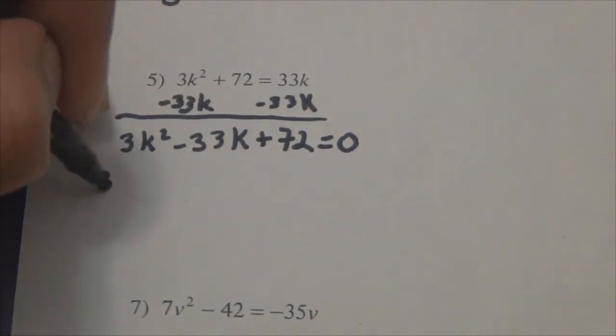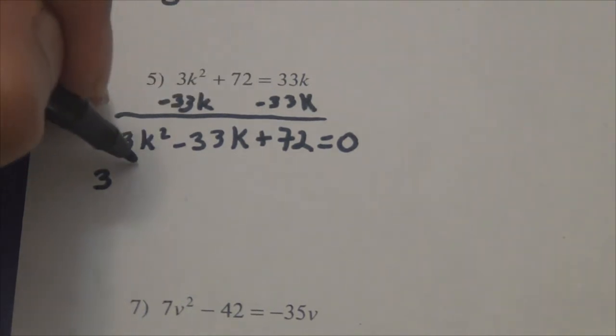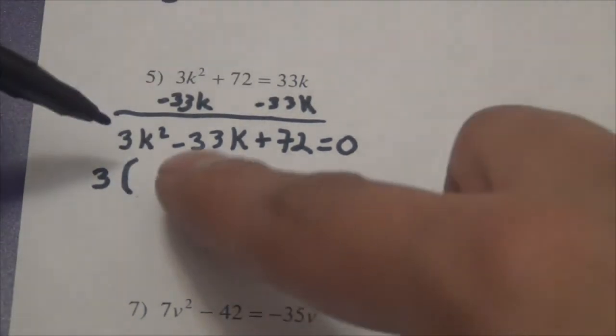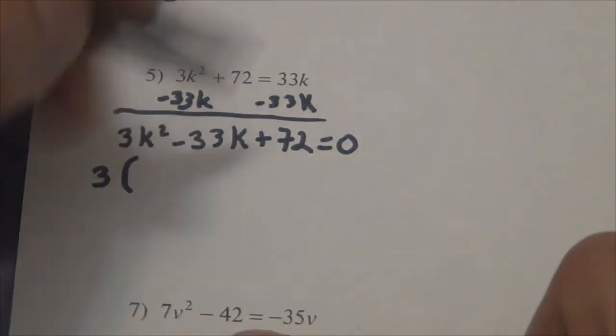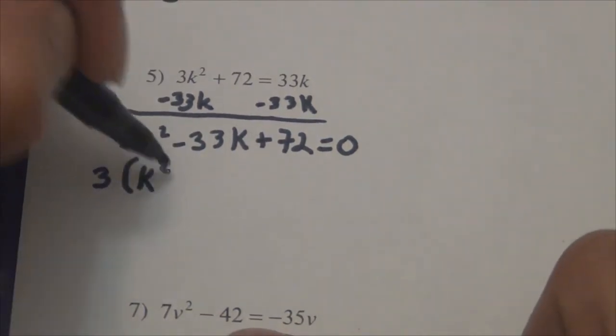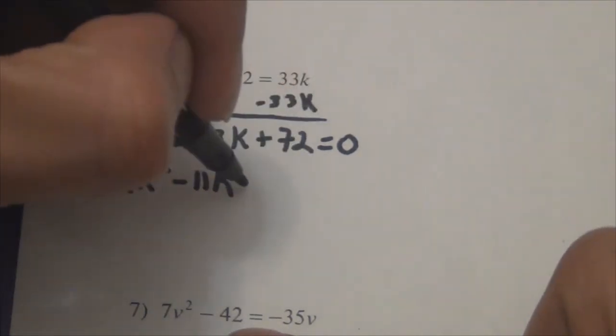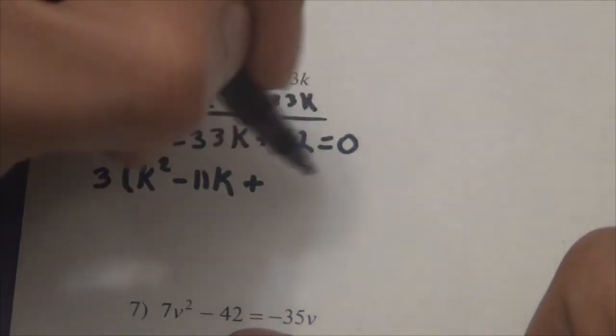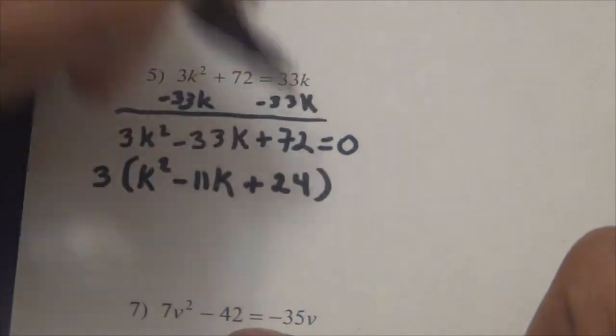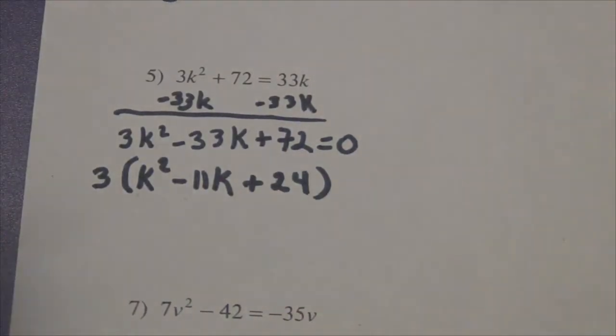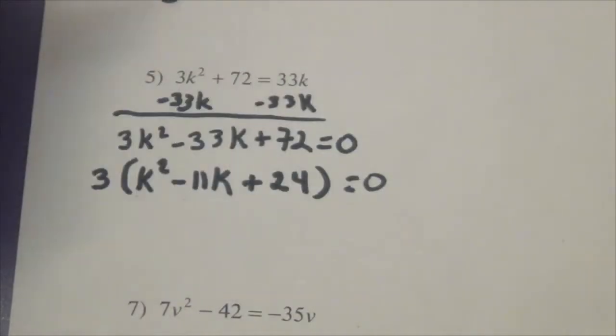So you take out the 3. Open the parentheses. If you were to divide everything by 3, what do you get? k squared minus 11k plus 24. Yes, 72 divided by 3 is 24. And that equals 0.